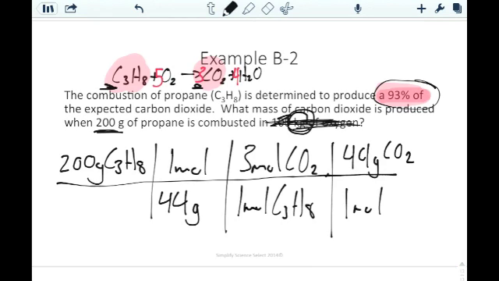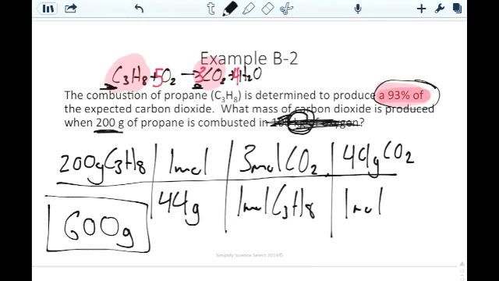So multiply everything out: 200 times 3 times 44, all divided by 44, and we should get something right around 600. So we get 600 grams, and that's how much CO2 is produced.